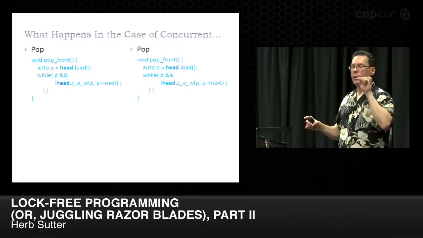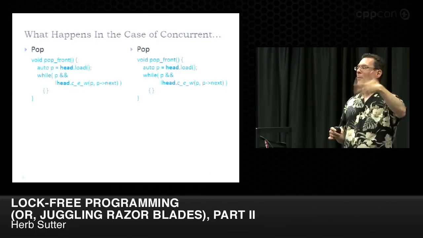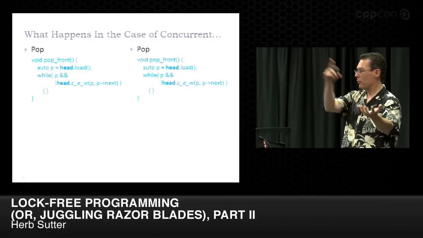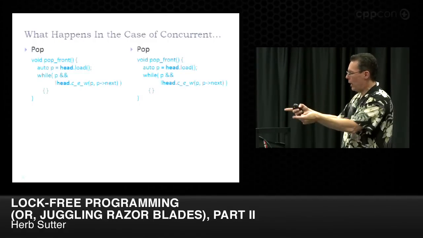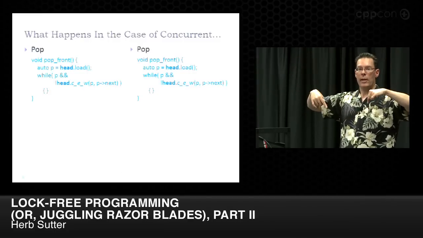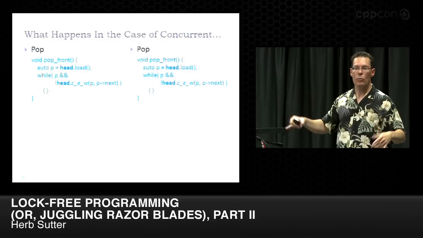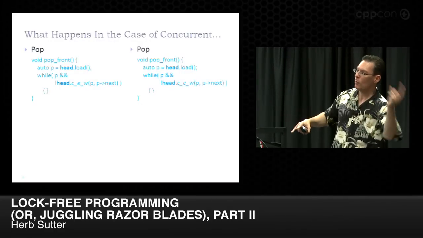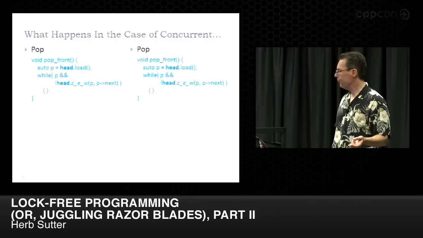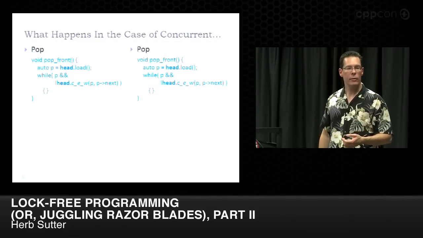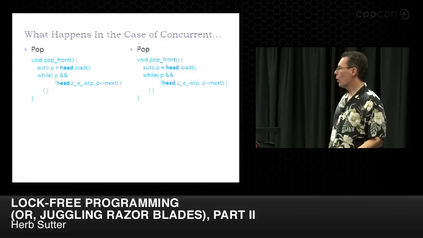Well, remember, compare exchange means, am I the one who got to swing the value from expected to desired, from the first value to the second value? If both of them load the same value for head, and they both compare exchange weak, one will happen first. I don't know which one, but one of them will happen first. It will succeed, it will swing it, and the second one will say, darn, let me try again. So we have two concurrent pops working correctly.